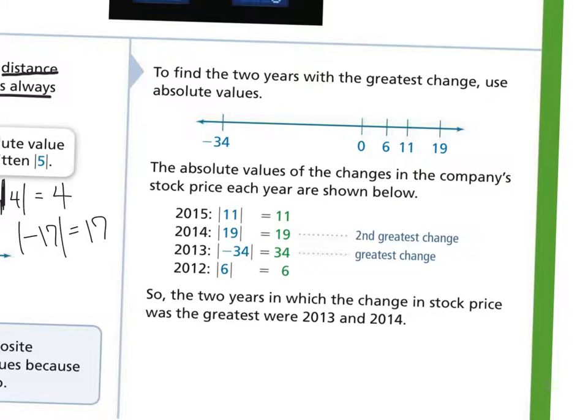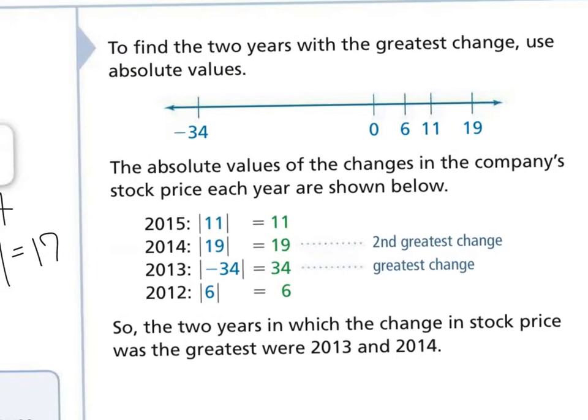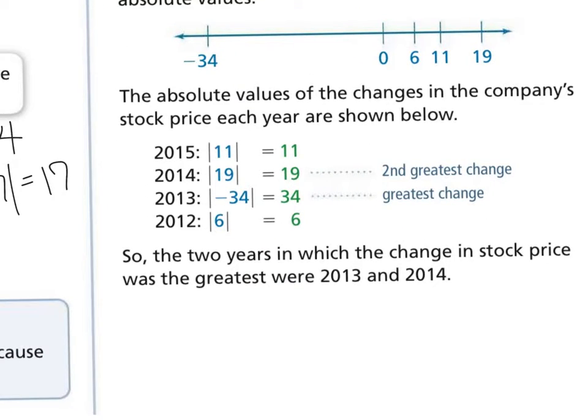So the book's talking about going back to that example at the top of the page, looking for things with the greatest change. We could find the absolute values and then look for the ones with the biggest absolute value. You can probably think about it as just, which one is furthest from 0 without even doing the absolute values. So you can see that in 2013, it went down by 34. That was the greatest change.